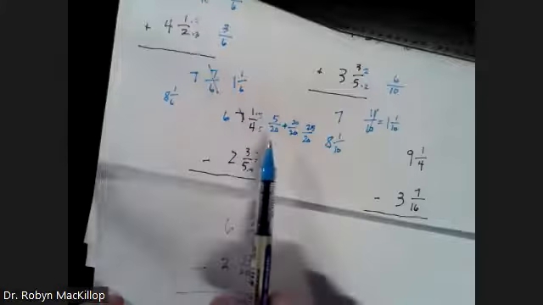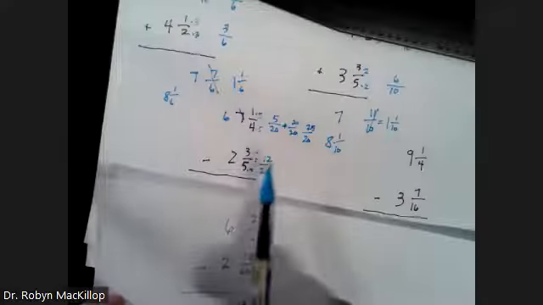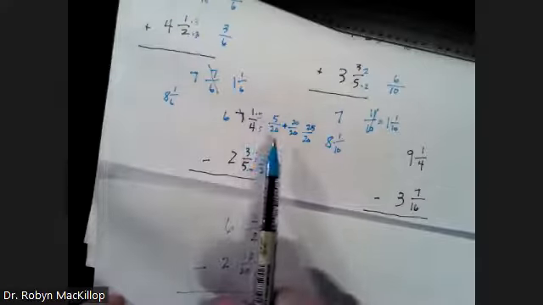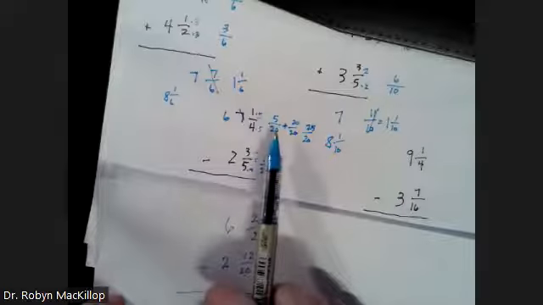And let me show you this with the other, just so you can see it all together. We started out with 7 1/4 and 2 3/5. We found the common denominator, 5 over 20, 12 over 20, but we could not subtract 12 from 5.